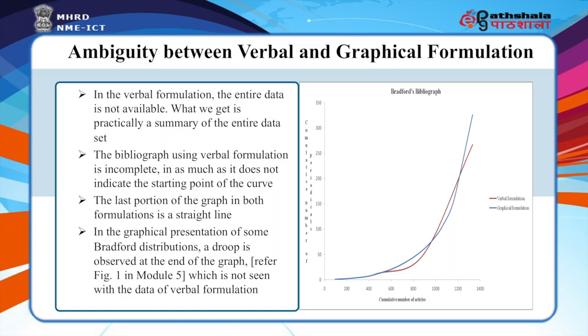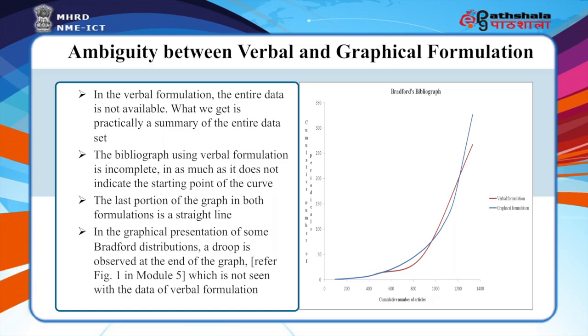In the second zone, the number of periodicals is 49 and the cumulative number of articles is 886. And in the third zone, the number of periodicals is 267 and the cumulative number of articles is 1332.